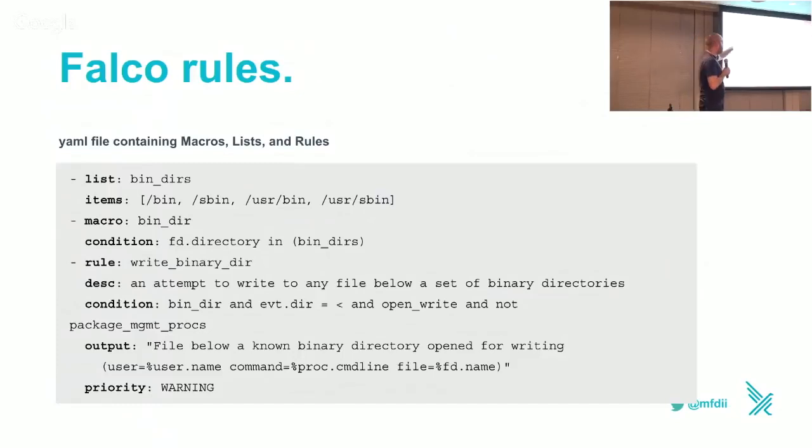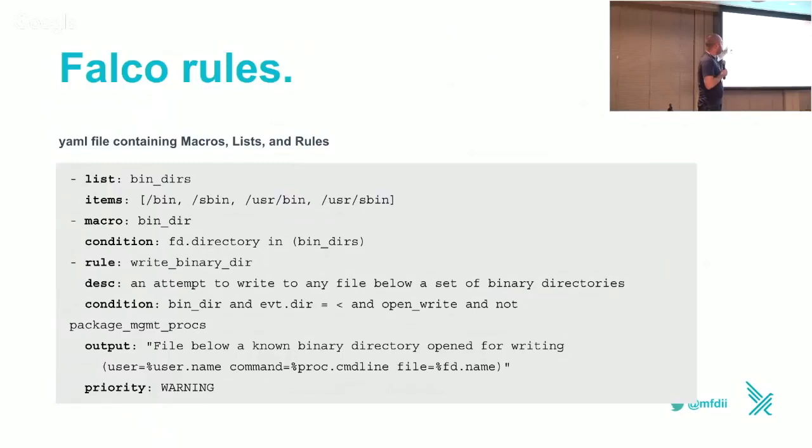This makes it easier because what if we start storing binaries in a different directory, and we use that information in 100 different rules? I don't want to have to update all 100 different rules because all of a sudden we started storing binaries in user local bin. All I need to do is update the list rather than going and updating all of the rules. So it's essentially a variable for us.